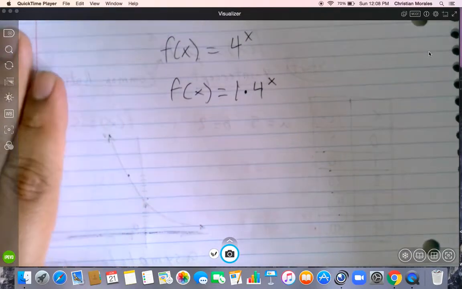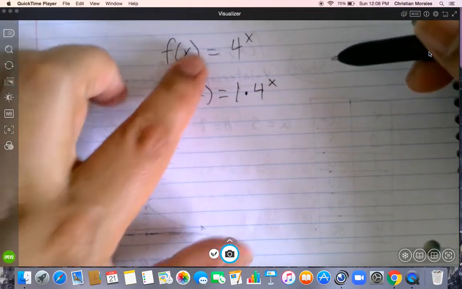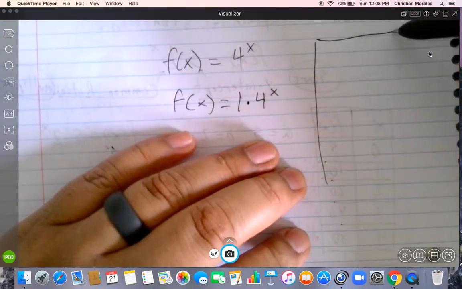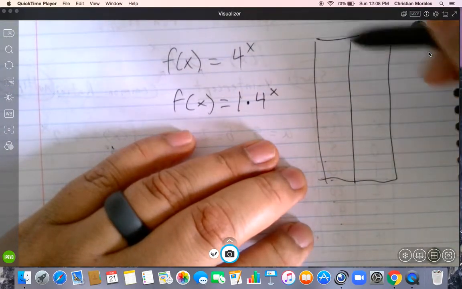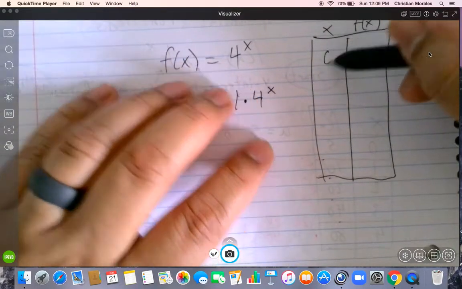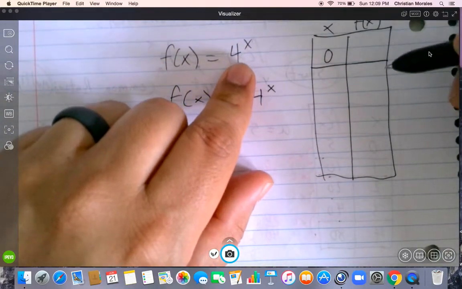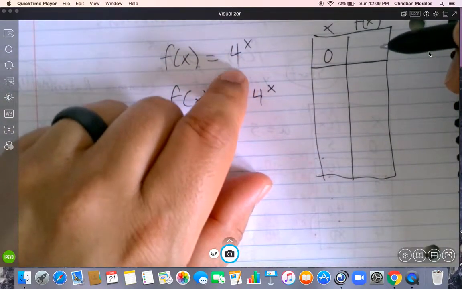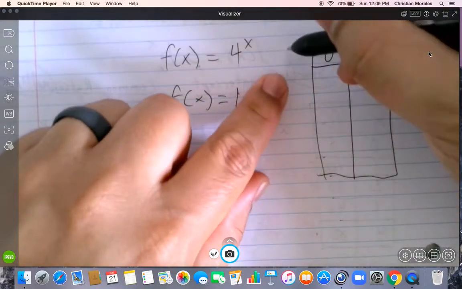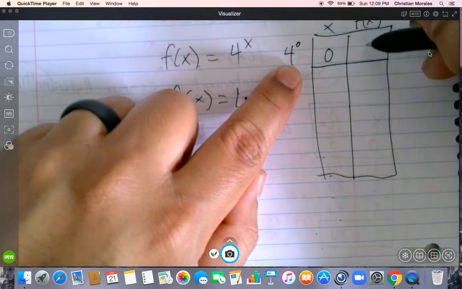The number is 1, okay? And the way you can actually test for this is if you make a table. If you make a table for this, the first thing you're going to want to plug in is a 0, really. Now, if you plug in 0, you don't get 0. When you take 4 to the 0 power, the answer is 1.